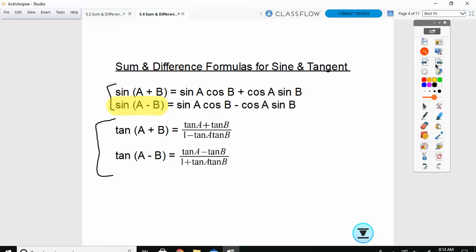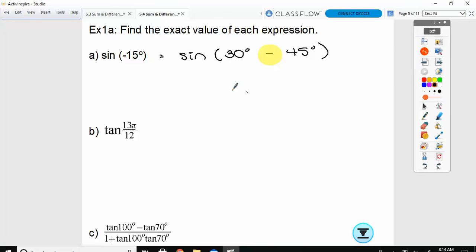So that is sine of A, so sine of the first, cosine of B, so cosine of the second, because this was subtracting, if you're looking at the difference formula, that is a minus cosine of the first, sine of the second. Does everybody understand how I expanded that?